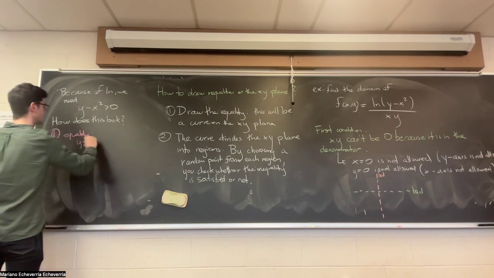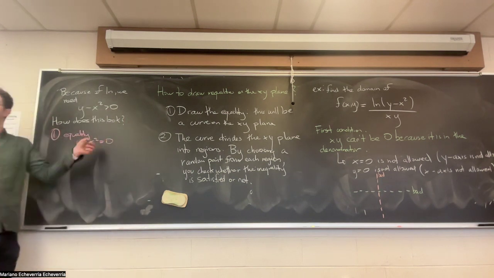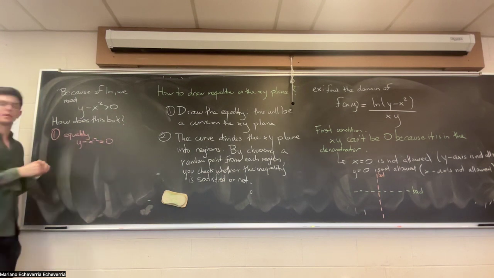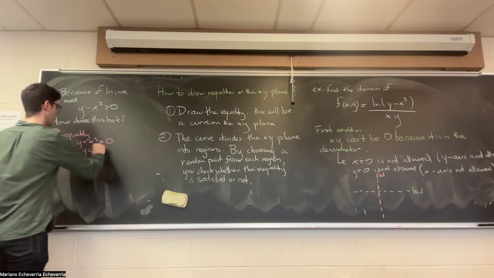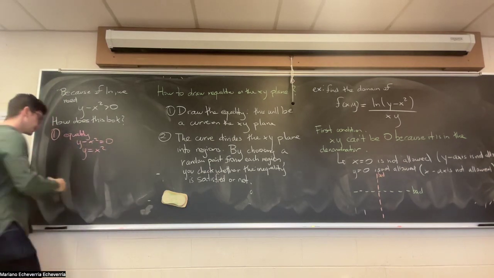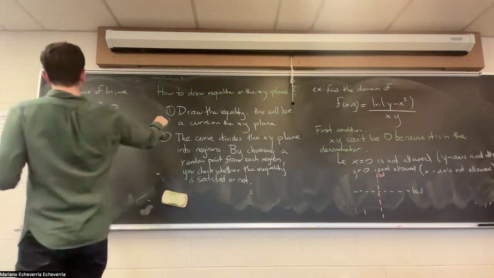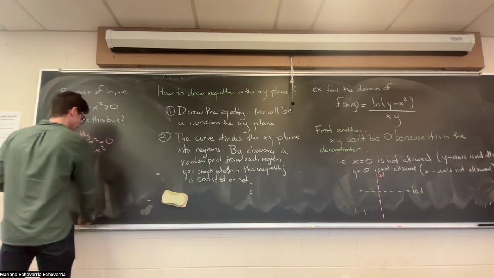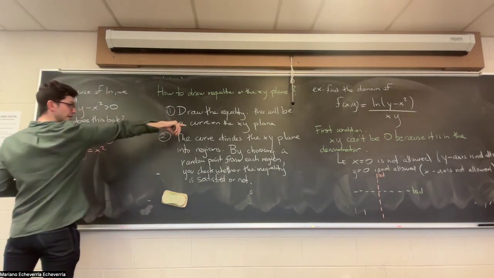So you put y minus x squared equals 0, and you should know what that looks like, because that's just y equals x squared. That's a regular parabola, right? So the first step is just to draw the parabola that you're getting in this particular case. So you just draw the curve.